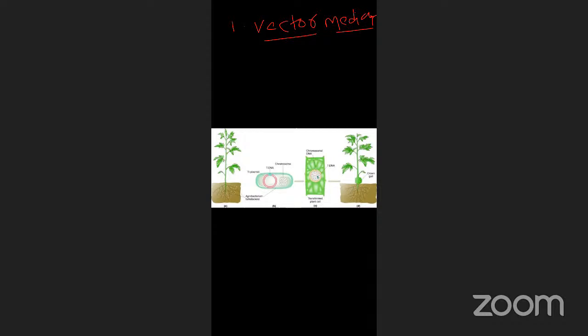In plants, among the various methods used for gene transfer, the Agrobacterium vector has been widely used. And this Agrobacterium is called the natural genetic engineer.